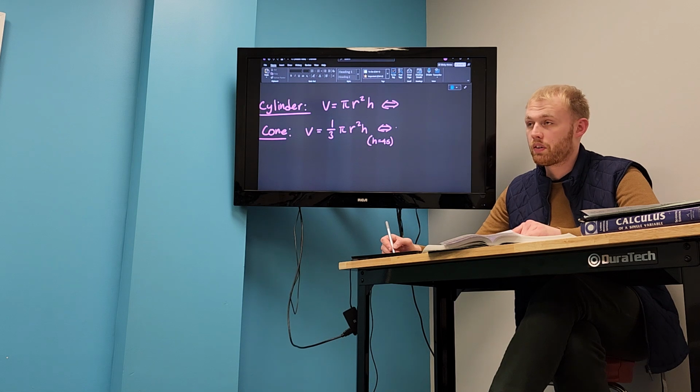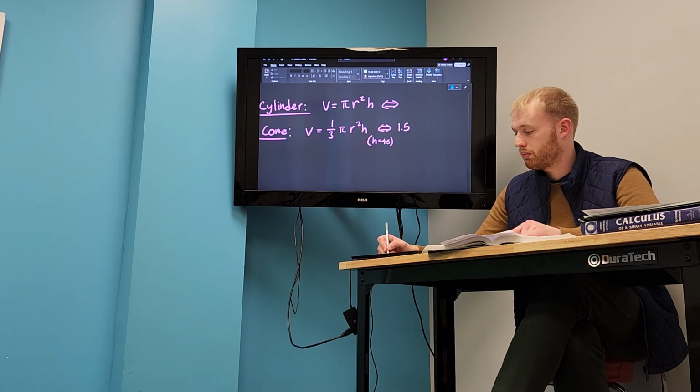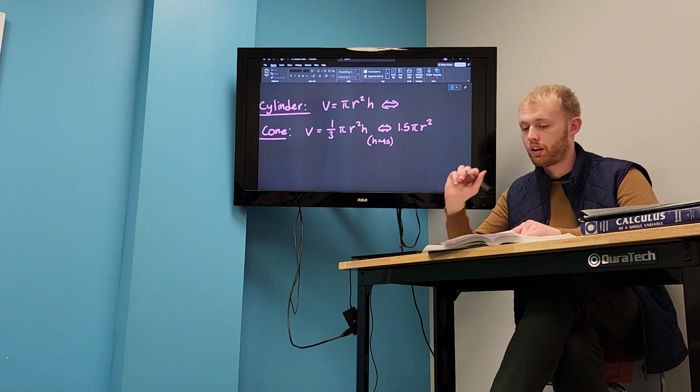Can we simplify 4.5 over 3? 1.5, or 3 halves. Yeah, 3 pi over 2, or 1.5. This is fine: 1.5 pi r squared.